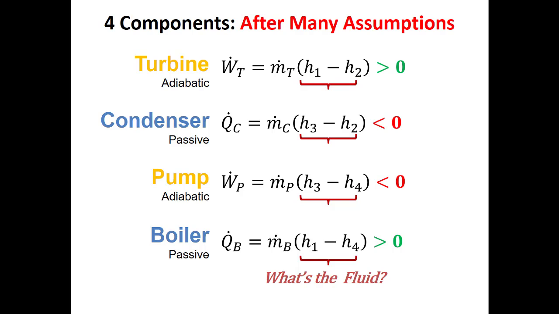When we do this, for the turbine and the pump, we'll get that W dot is equal to M dot times H in minus H out. And for the condenser and the boiler, we'll get that Q dot is equal to M dot times H out minus H in. You can memorize these if you want.